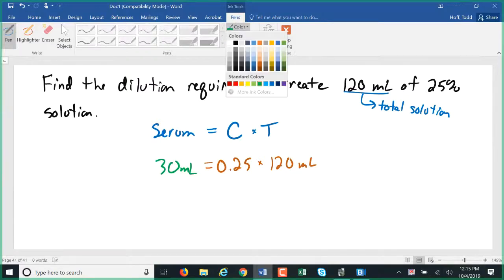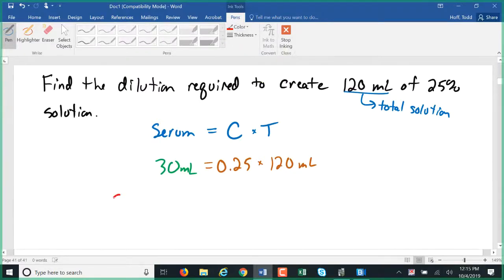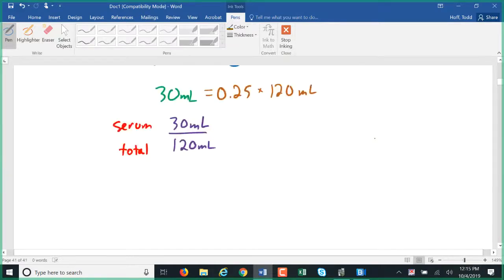Now it's just a matter of creating our dilution. Remember the dilution is from the total. 30 milliliters of serum over 120 milliliters of total. Now I occasionally get asked, why do you put the milliliters in there? Why do you put the units in there if you know that's just going to be canceled out right away? I put them in to make sure they can be canceled out. Remember, we've had problems where we mixed microliters with milliliters.